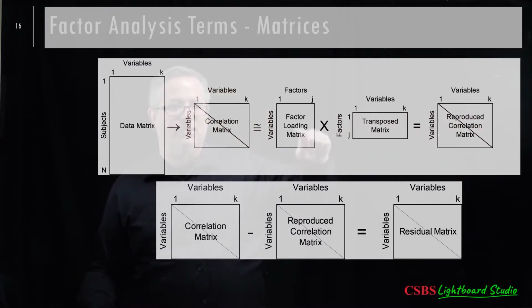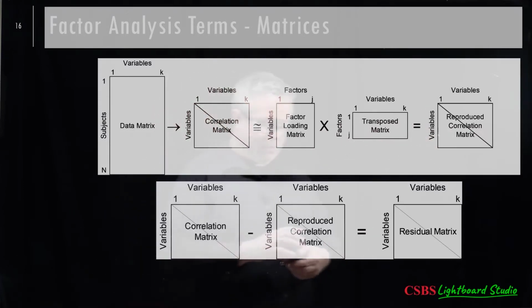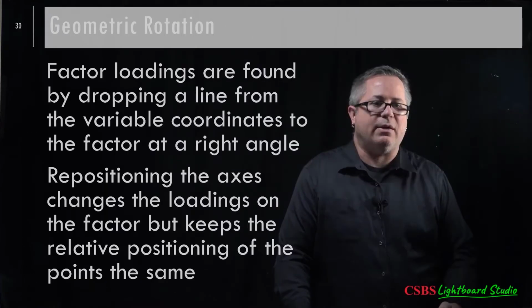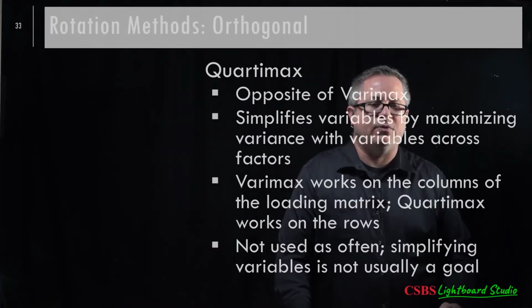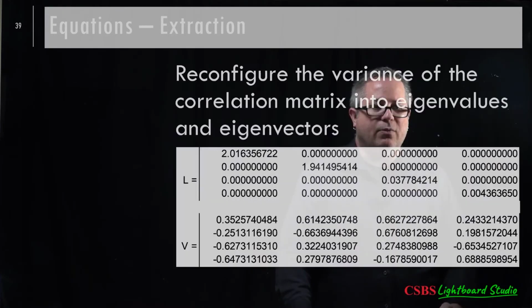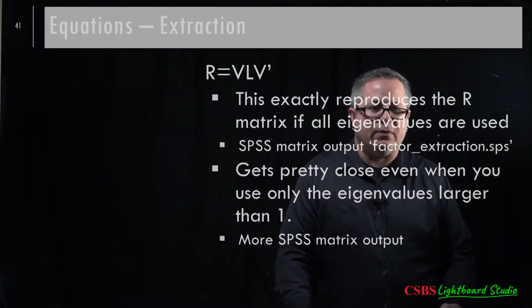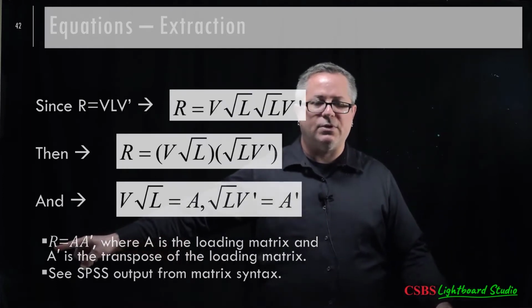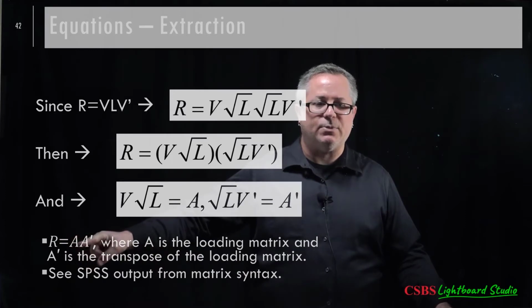Loadings times the transpose of the loadings give you the reproduced matrix. So all that slide is doing is showing you that using letters to correspond to the matrices. It's nothing new. We've already discussed that, and just putting it into play here, the R matrix is just the loading matrix times its transpose.